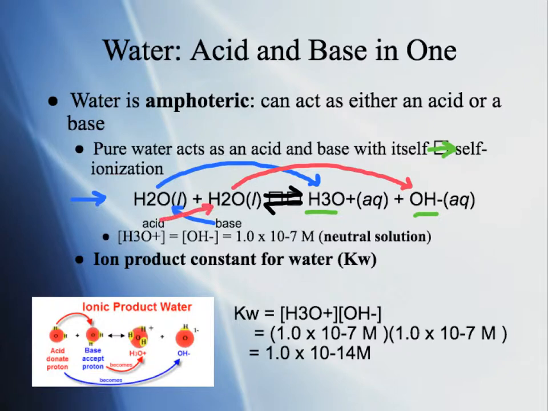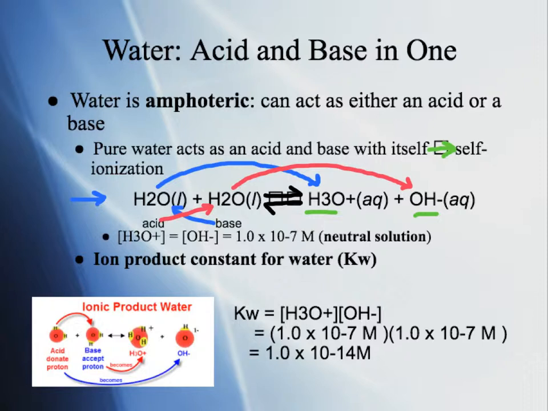All right, so when water does this, we're going to basically be getting equal amounts. If we take a look at all of the water molecules in your water bottle, on average, the hydronium ion concentration and the hydroxide ion concentration are going to be equal.